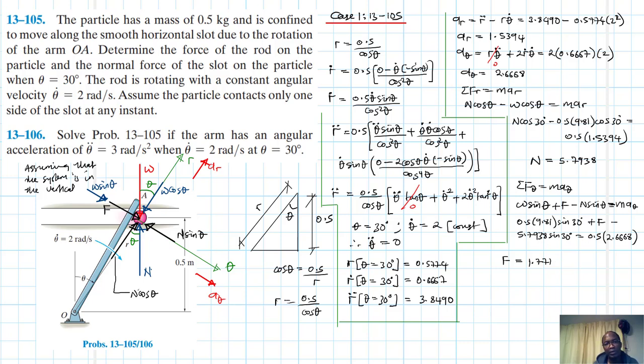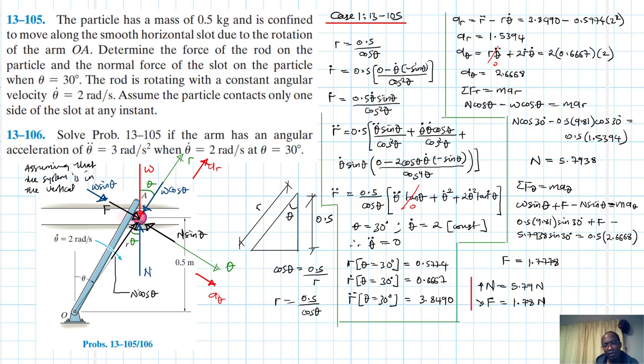Therefore, we have our N equal to 5.79 newtons, and we do have F equal to 1.78 newtons. Normal force is going up, and the applied force is going this direction, like so.